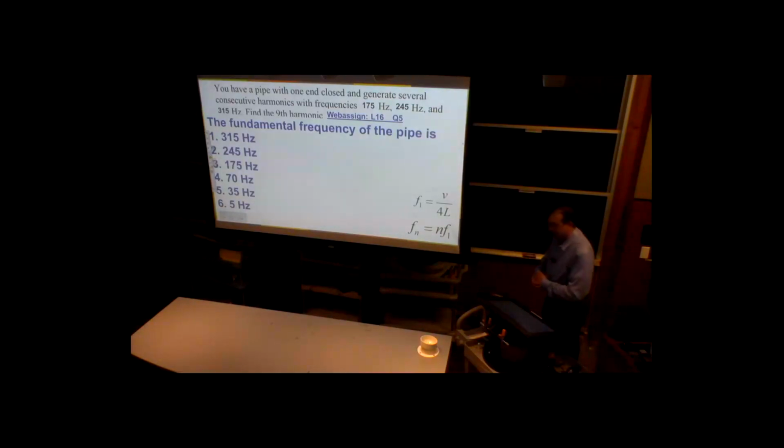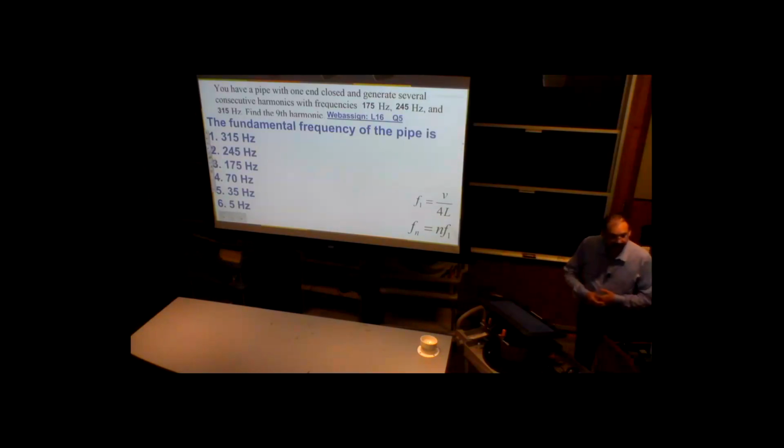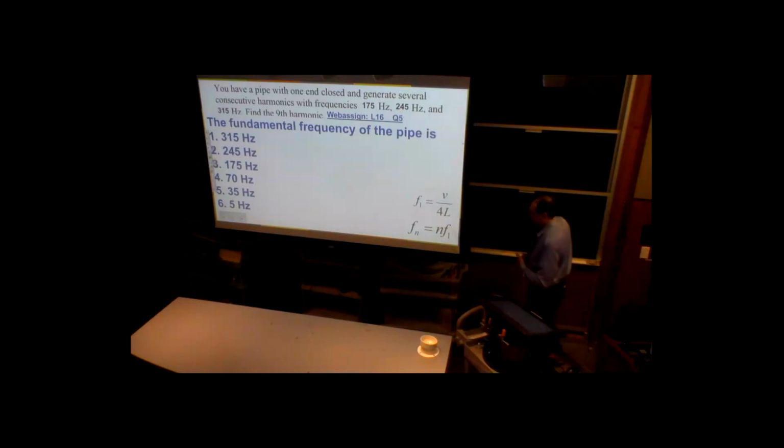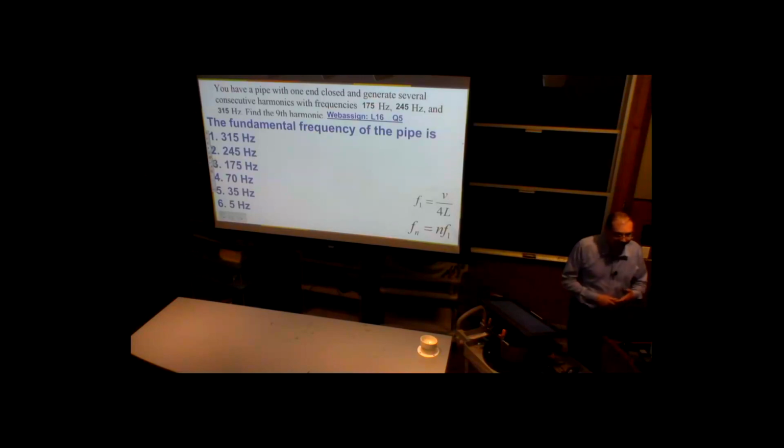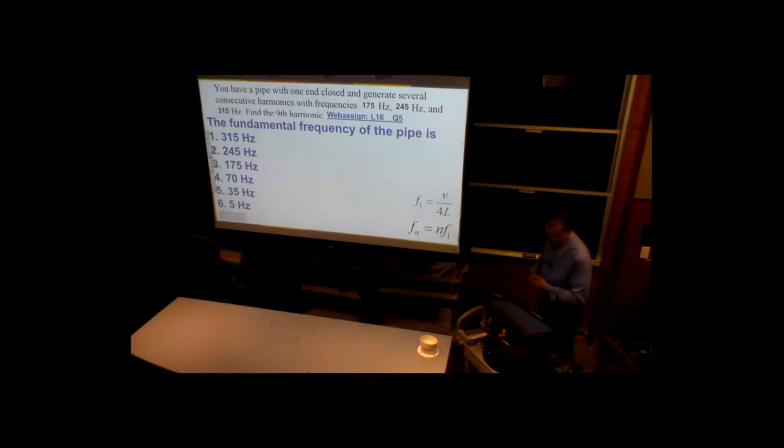Okay, since we talk about pipes with one end closed and the other end open, we can ask a similar question. Let's say you have succeeded in generating several modes, and those modes are 175, 245, 315.